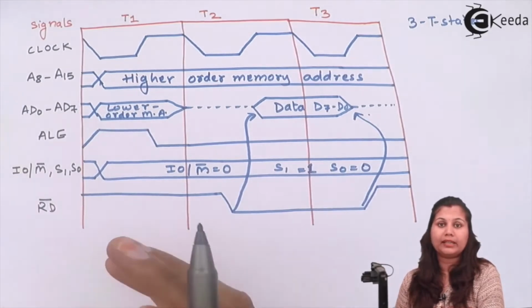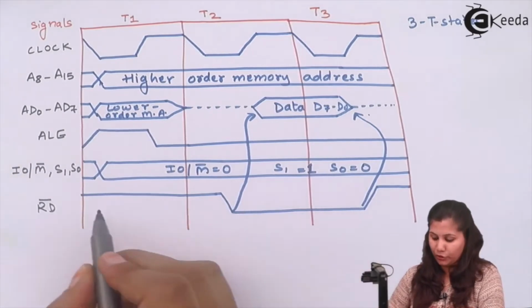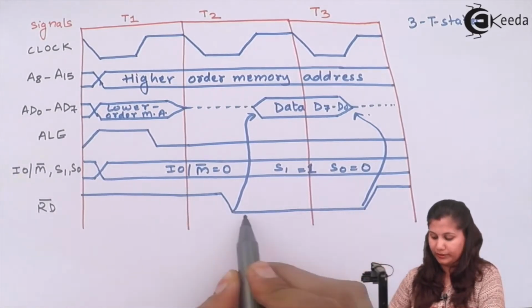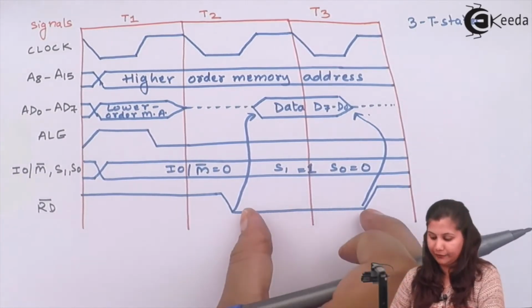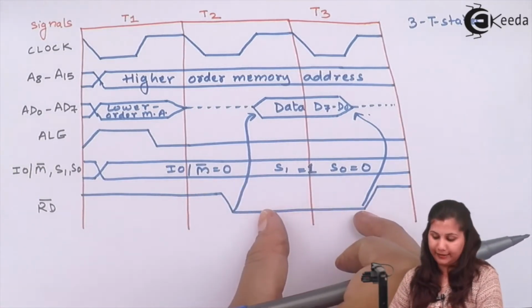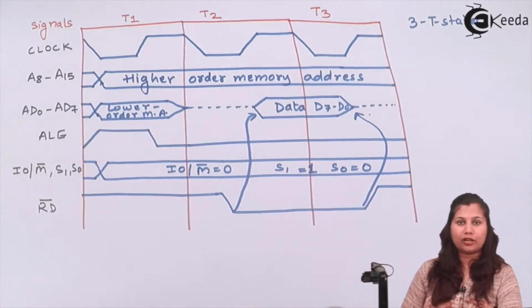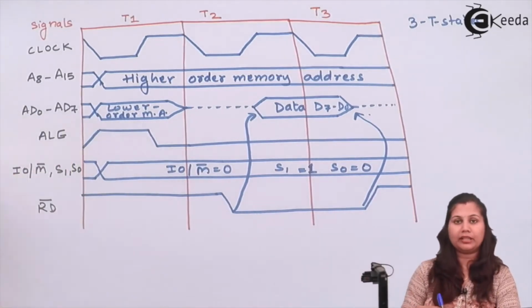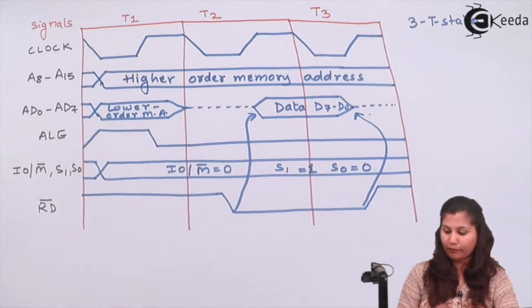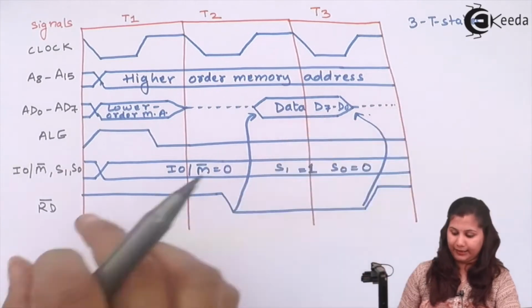Because it's a memory read cycle, a read operation has to be performed, so the read signal is low. This signal is active during the T2 and T3 T states. So whenever an instruction requires a memory read operation, that operation will require 3 T states.